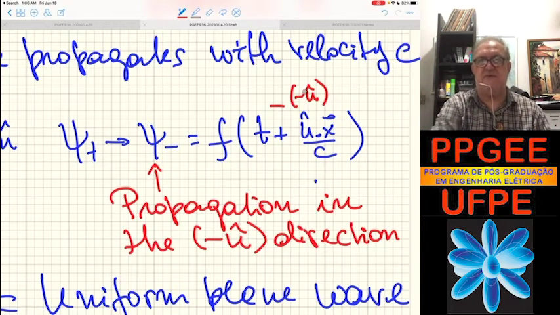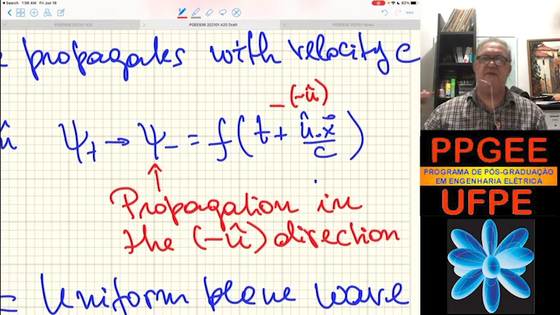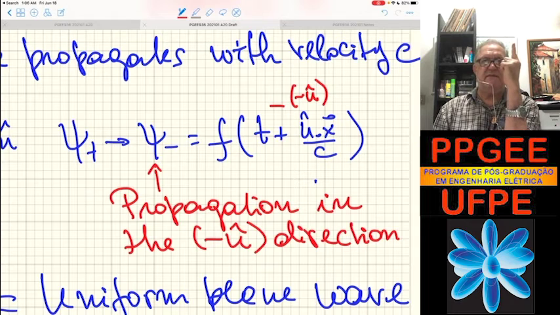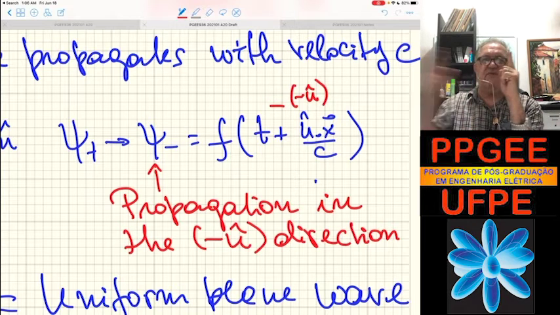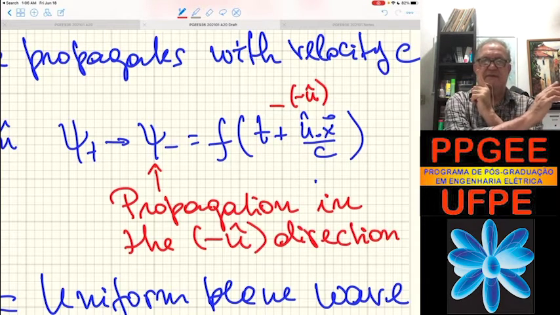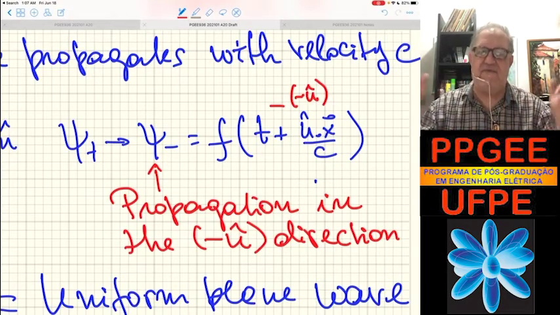That's the second solution of the equation. I have two solutions, one that moves in one direction, one that moves in the other direction. In other words, if I have an antenna here, let's assume that the world is just two-dimensional, right? One wave is going to move to the right and the other to the left, right? So two solutions. They move away from the source.